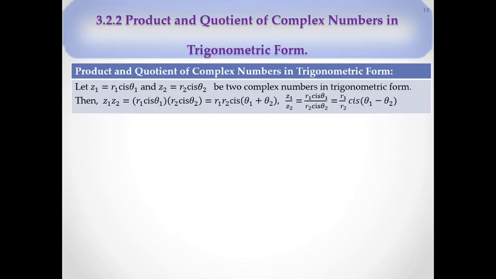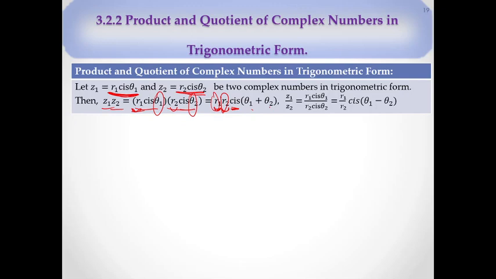Okay, this is the last subsection we will see, and we will see an interesting property of complex numbers. If two complex numbers are written in trigonometric form, then interestingly, if we multiply these two complex numbers, it will be the product of the moduli, R1 times R2, times CIS of theta 1 plus theta 2.